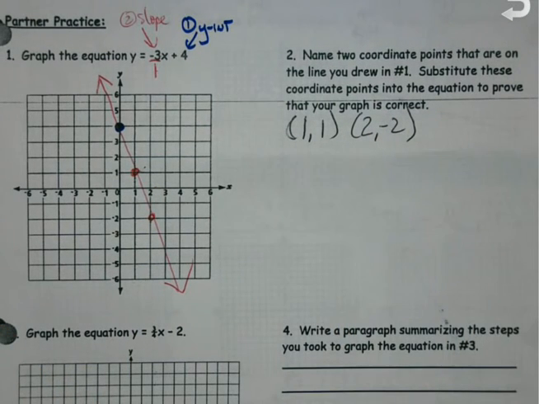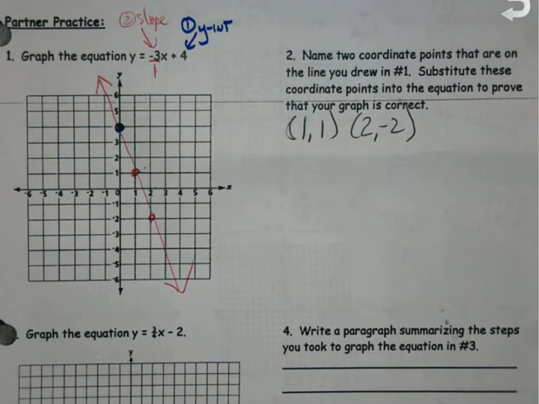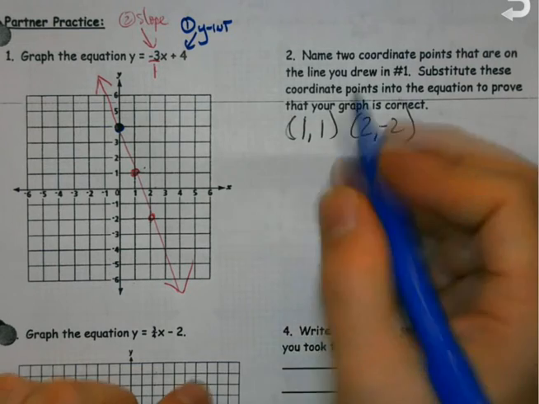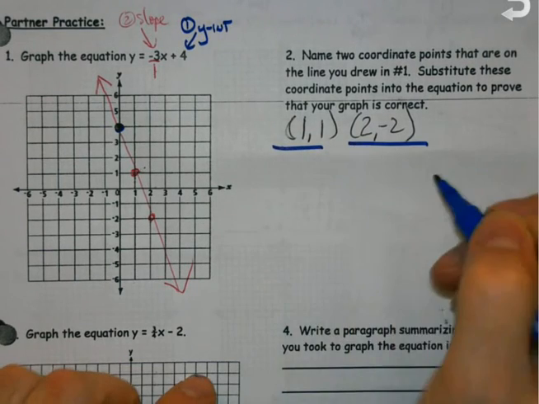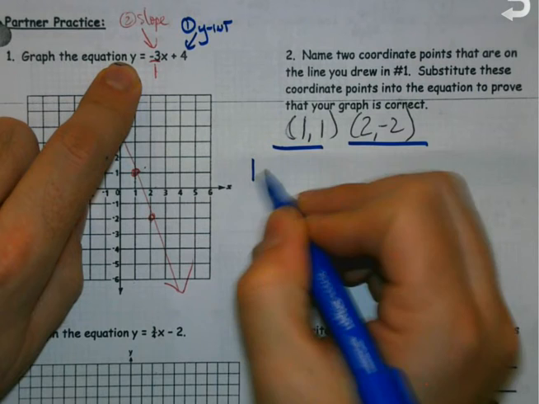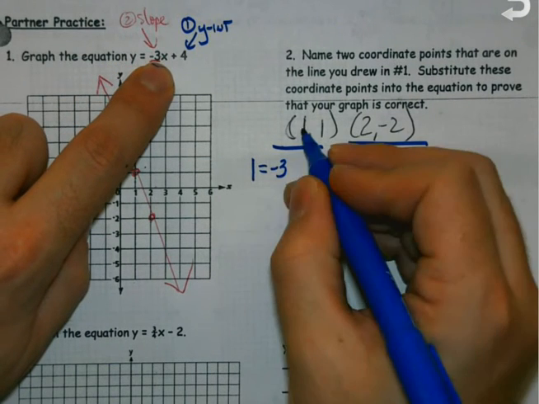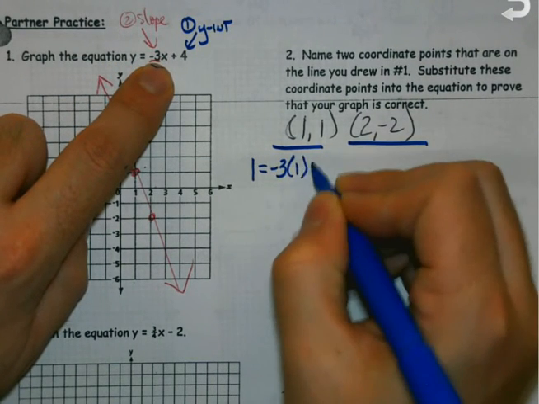And I can always make sure I've done things right if I take those values, substitute them in, and I get a true answer out. Here's what I mean. If I plug in 1 for y, and then as I'm copying this, when I get to x, I also plug in a 1.